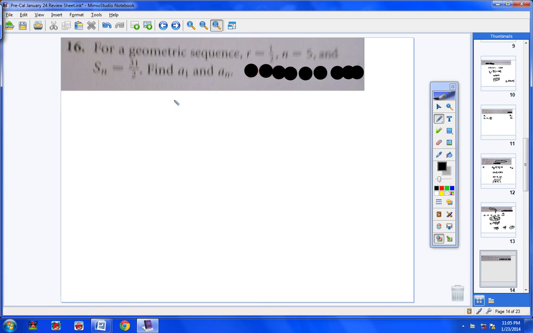First of all, we're dealing with finding a sum of a geometric sequence with a set amount of terms. So my formula is going to be S subscript n equals a subscript 1 times 1 minus r to the n over 1 minus r. Now watch what I do here, please watch this.